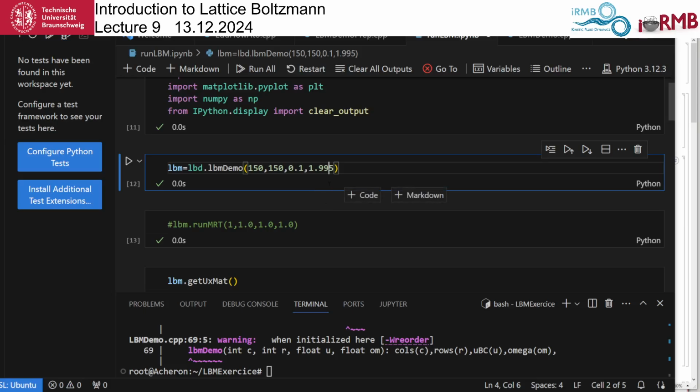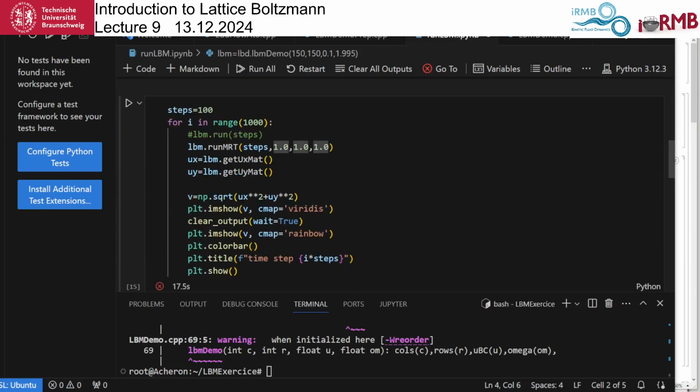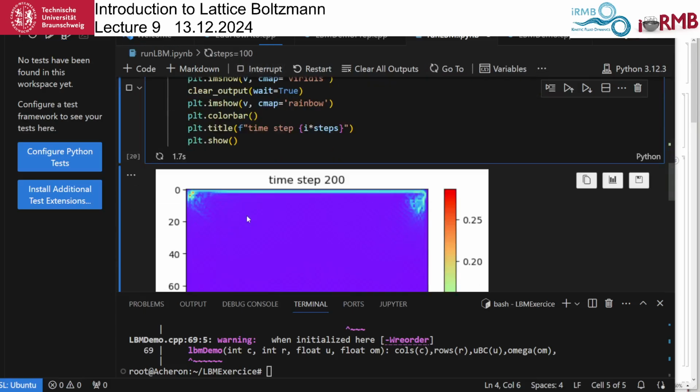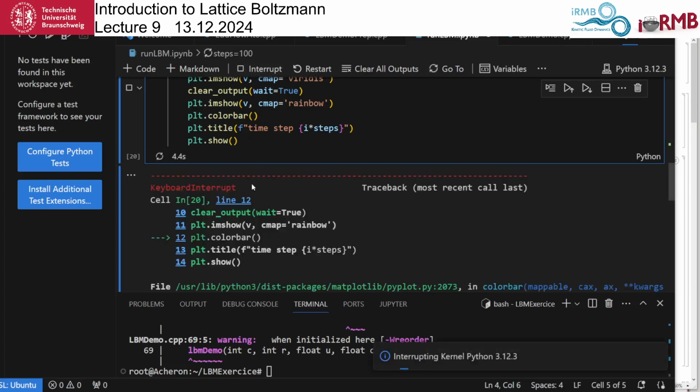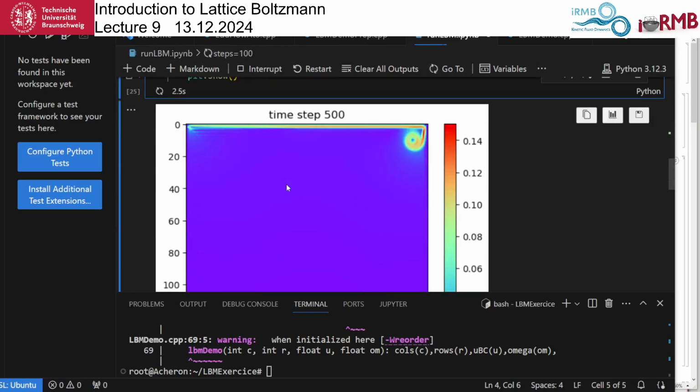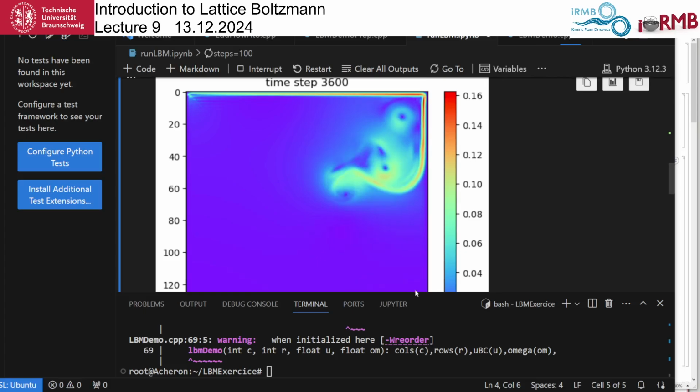Let's say to 1.95. First of all, let's try out what happens with BGK. Run. Boom. Very convincing. So let's do it with MRT. Obviously this has a much higher Reynolds number, and it's much more turbulent, what we observe here.